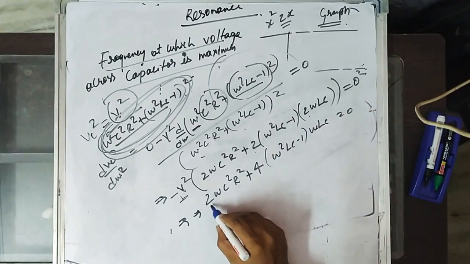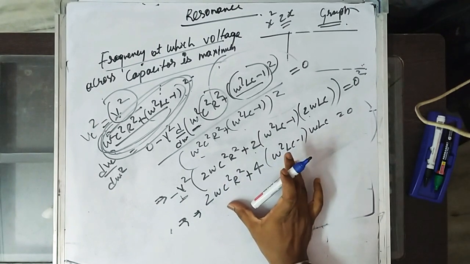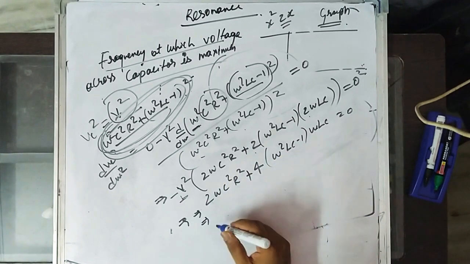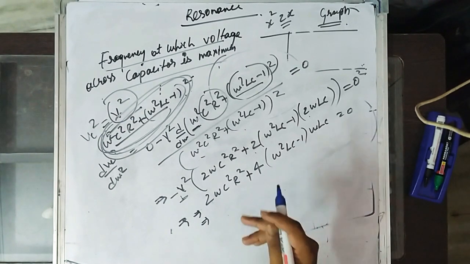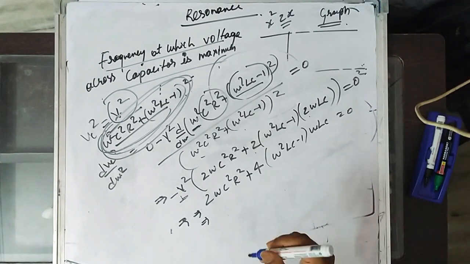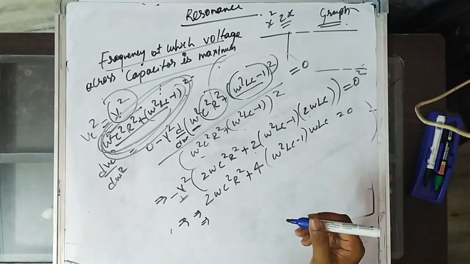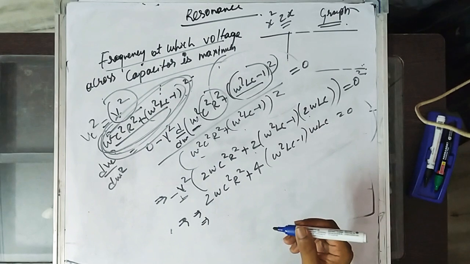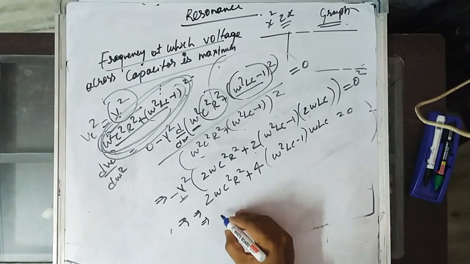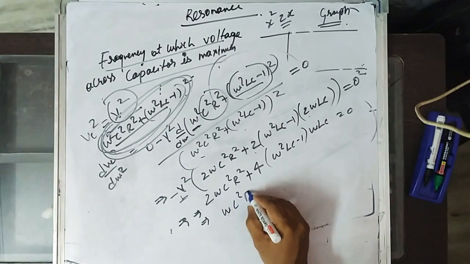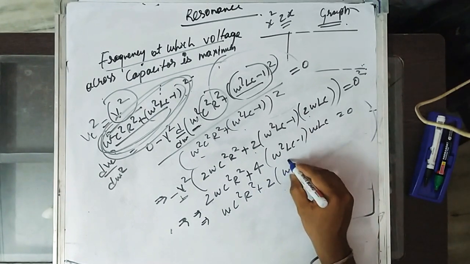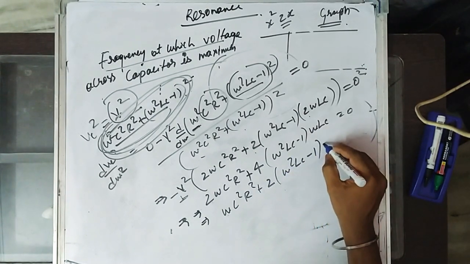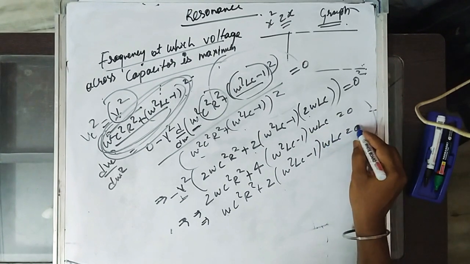So if you observe carefully, you take 2 common here and we will further reduce this, you'll get omega C square R square plus 2 of omega square LC minus 1 into omega LC equal to 0.